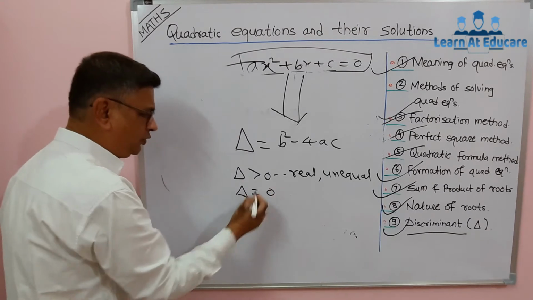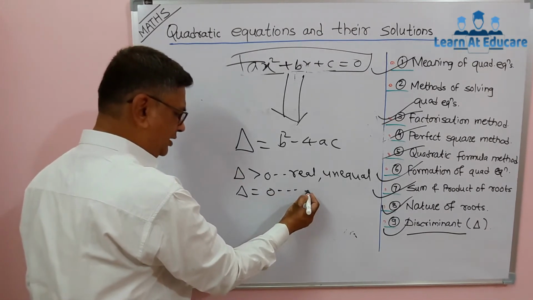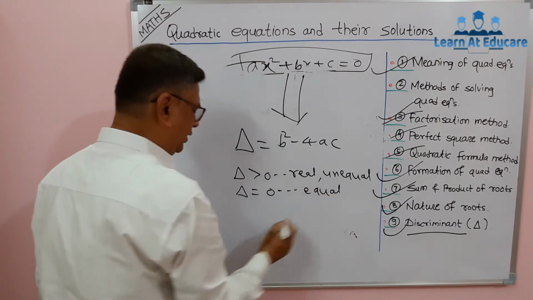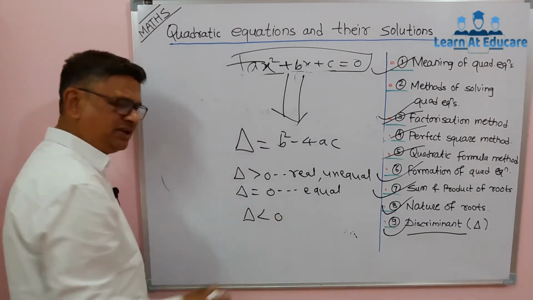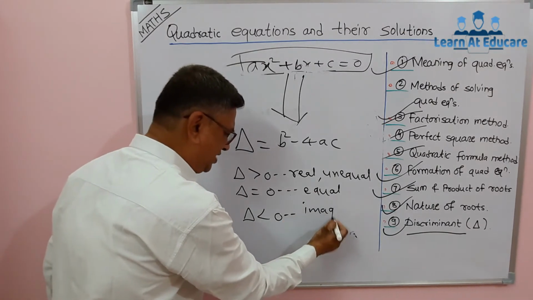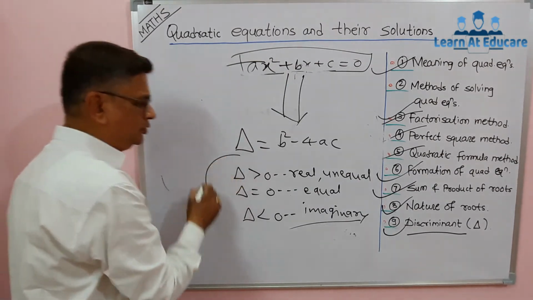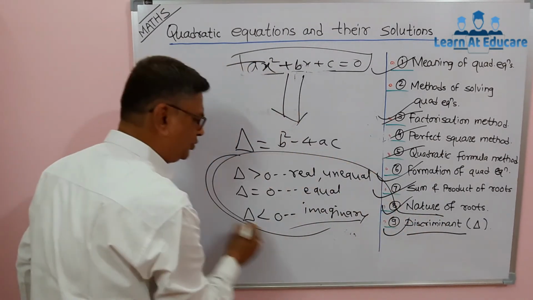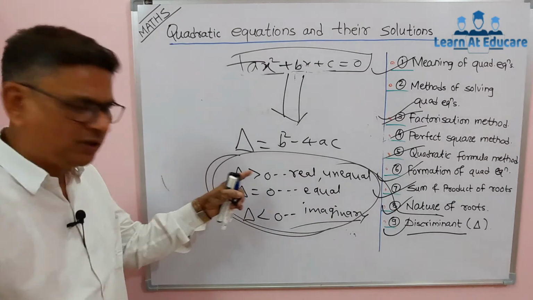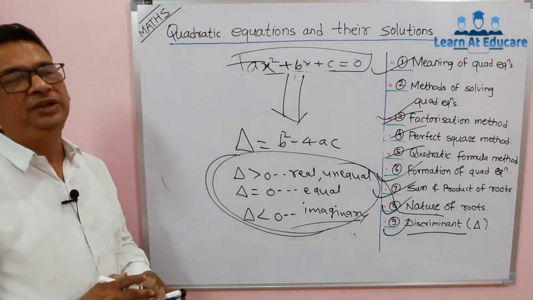If the discriminant delta is equal to 0, then roots are real and equal. But if delta is less than 0, that is the discriminant is negative, then roots are imaginary. So that is the meaning of discriminant. Nature of roots means whether they will be equal or not equal, real or imaginary. According to this condition we can find out.